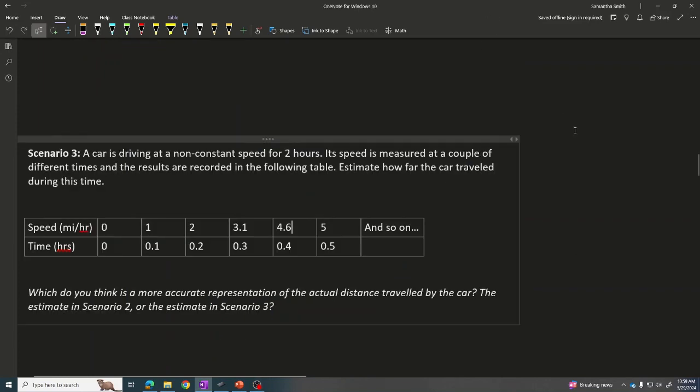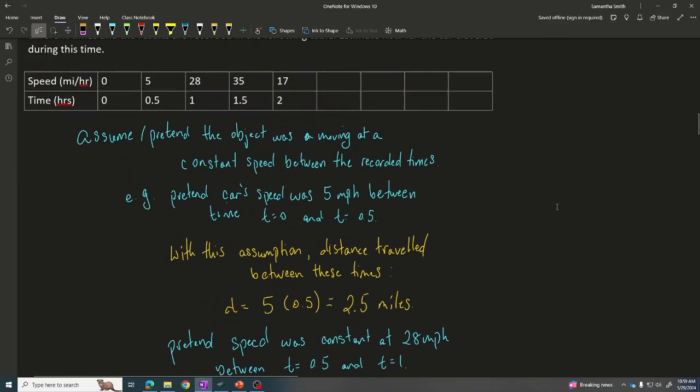For example, in this scenario, instead of the driver recording the car's speed every half hour, this driver is recording the car's speed every 6 minutes. Now, you could use the same kind of assumptions that we used in scenario 2.